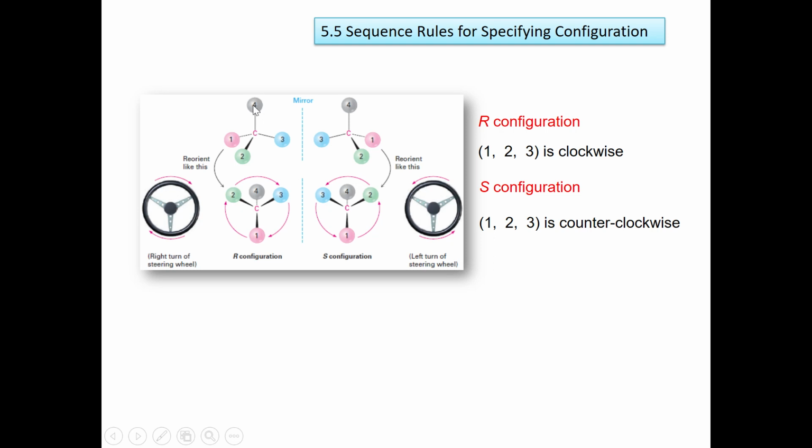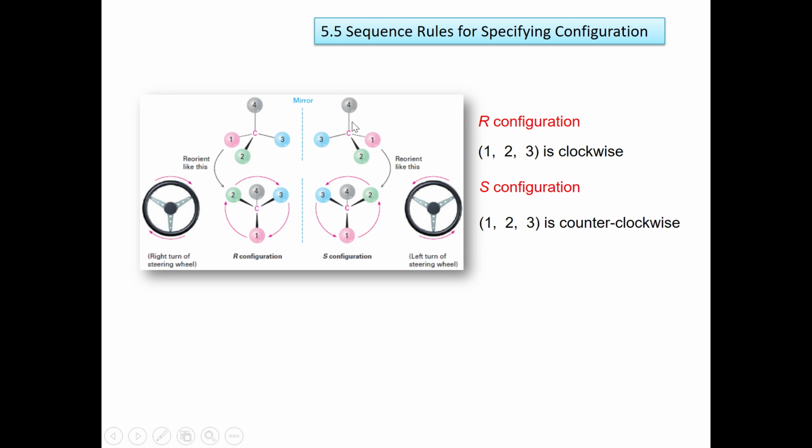We put our eye here to see through this bond. If we put it here, what we see is 1, 2, 3. This is the rotation. The rotation is clockwise. Clockwise is always R configuration. We say that it's an R configuration.